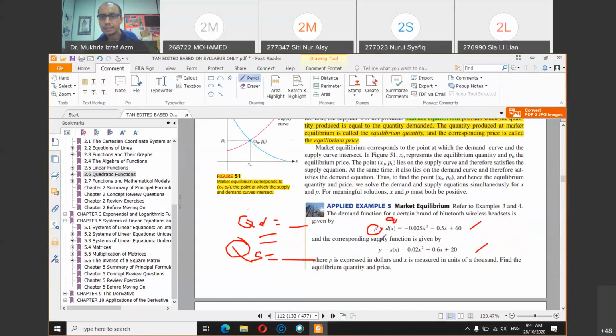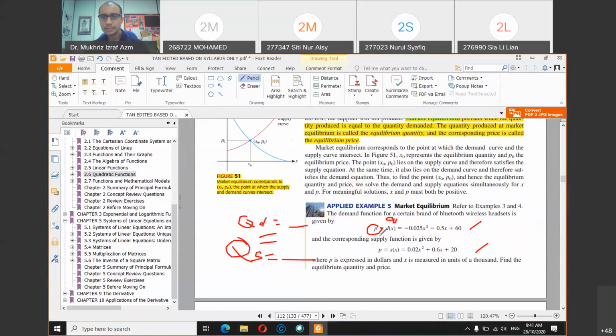But actually, the more correct version is P as a function of quantity, because this inverse function allows you to calculate the total revenue more easily, rather than needing to convert from the normal QD into the inverse function.